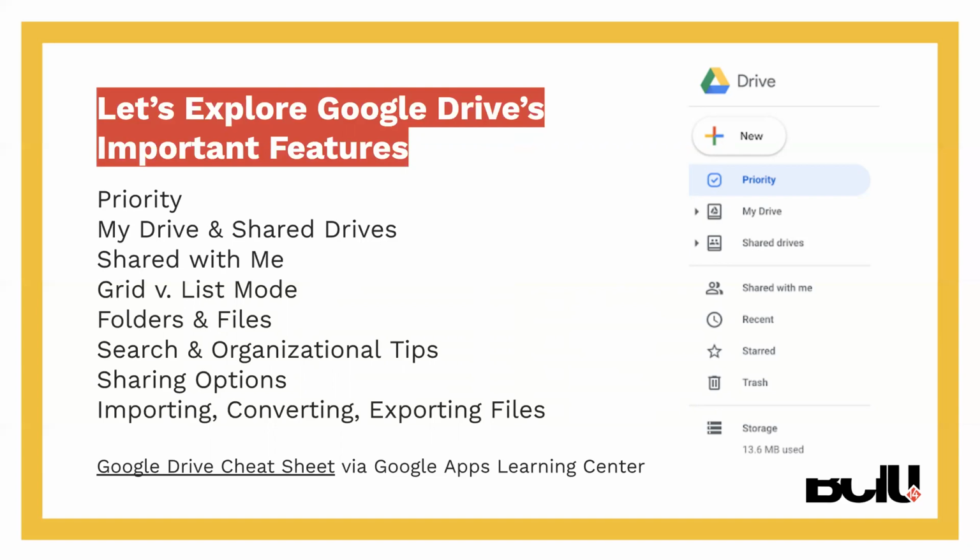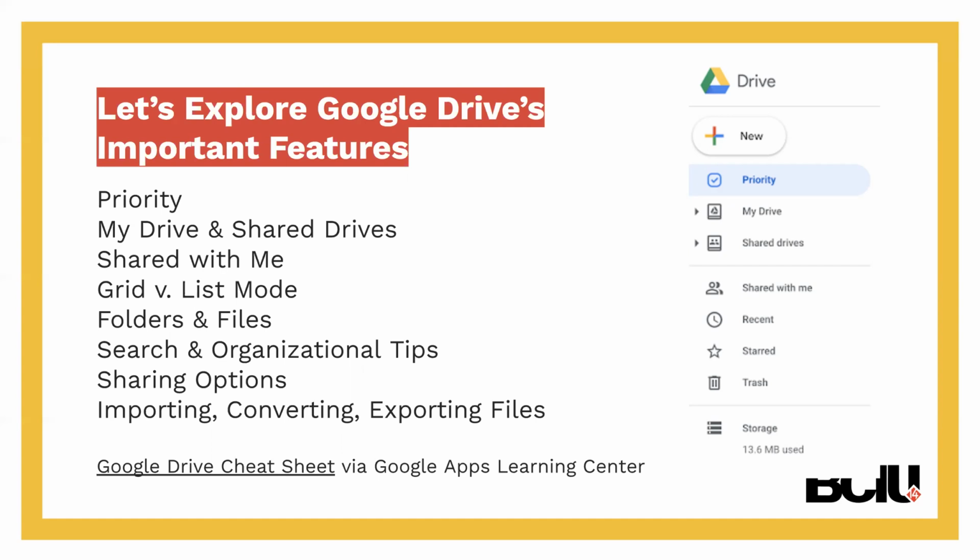Some schools are on what we call rapid release. If you're a rapid release school, you get the new features that roll out almost immediately after they're available. If you're not rapid release, it might take a few weeks or longer, depending on how often your tech team checks for updates. So we're going to go through that left-hand side of Google Drive and look at the different view modes, the sharing with me.